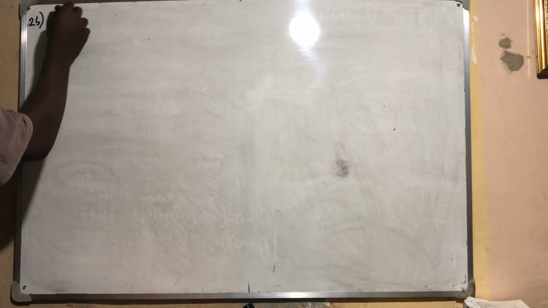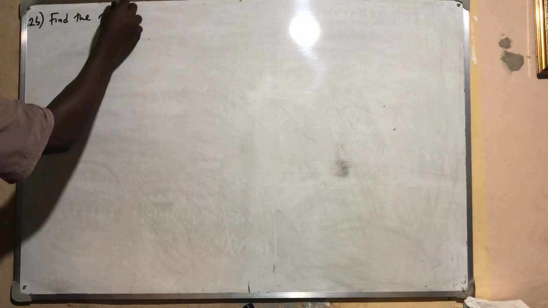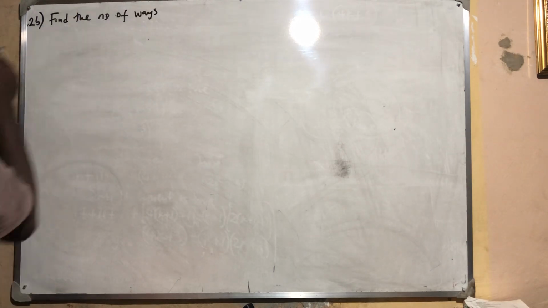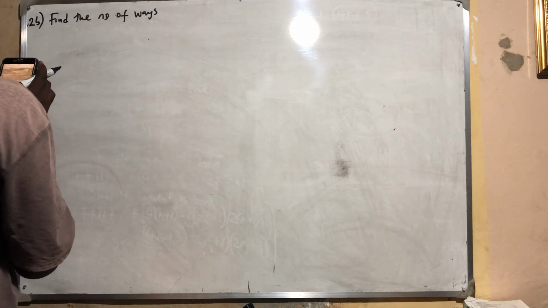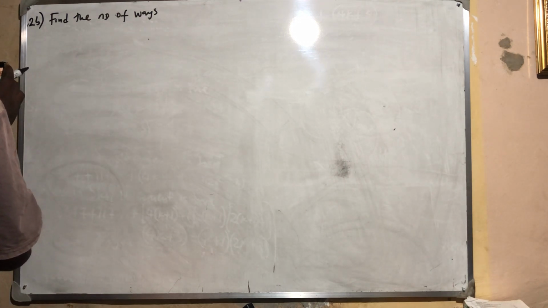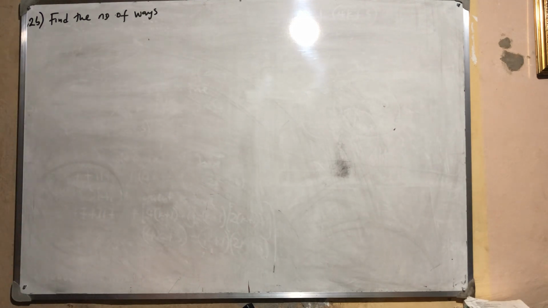The question said, find the number of ways in which 13 students can be divided into two groups of 6 and 4 students.